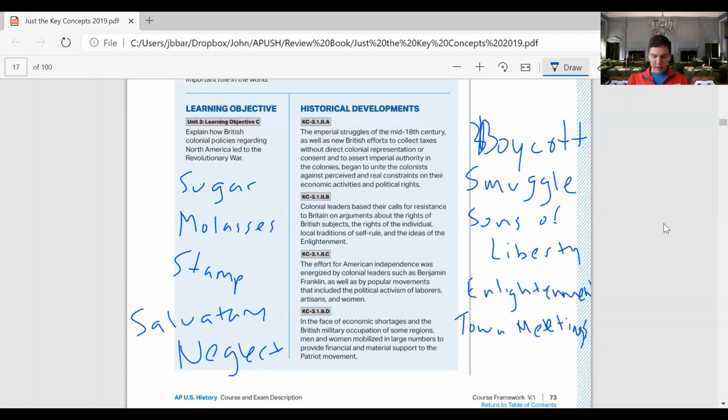With all this happening, more British soldiers are going to be sent to North America, and when more soldiers come, it's going to lead to more conflict. This culminates in things like the Boston Massacre.